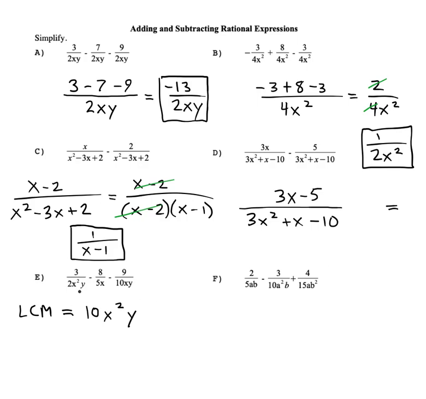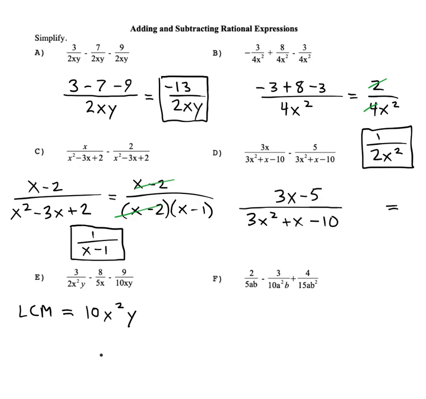When it comes to the variables, let's see, x squared is the highest power of x that we have, so we definitely want to keep that, because the others can be multiplied by an x to make x squared. And then these two terms have a y in them, so we want to keep that. And we can multiply the 5x by y in order to make it into the least common multiple.